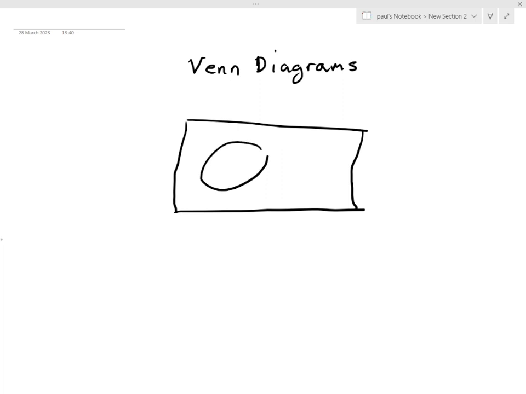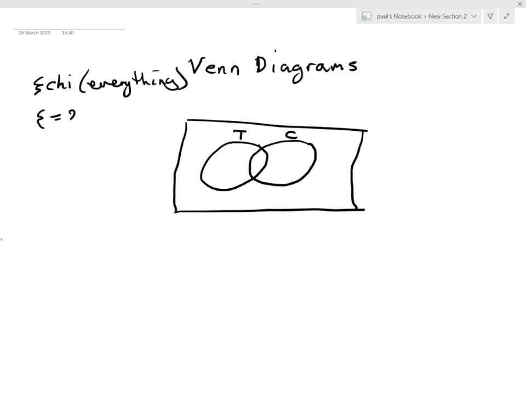So we have this and we have this. Okay. And we'll call this T and C. This funny Greek letter, chi or something like this, means everything. And in this case, everything equals 20 because we've asked 20 people whether they like tea or whether they like coffee.